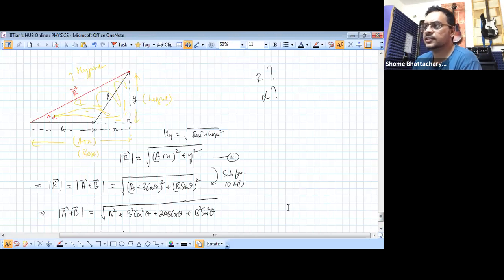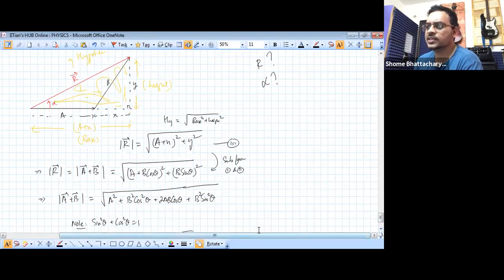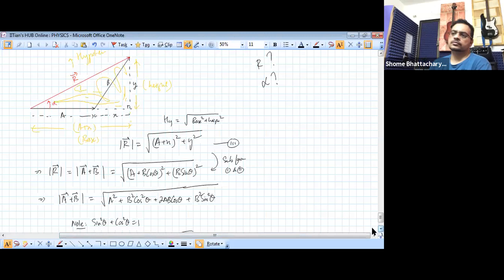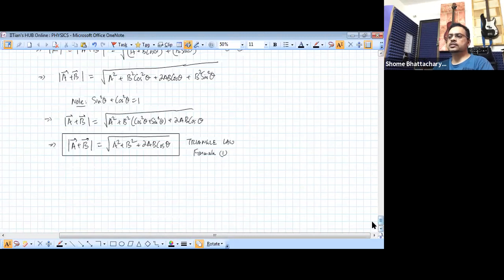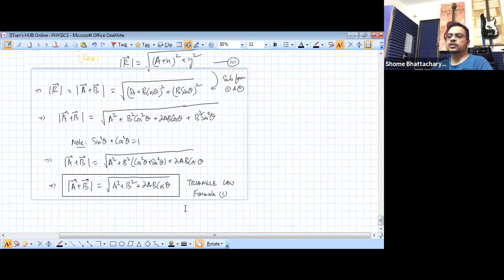Okay, so this part is just algebra. You don't need to memorize the algebra. You just need to understand how it happens. What you need to memorize is the final formula, root of a square plus b square plus 2ab cos theta. Using the trigonometric identity, sine square theta plus cos square theta is unity, we finally come up to this formula, and this final formula is the one which you need to remember, because we'll be applying this directly in questions.